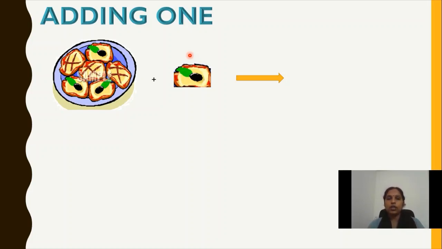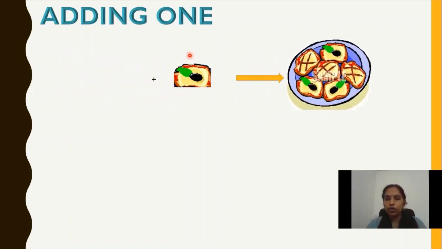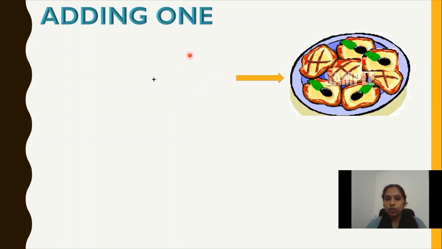So what is our first step in addition? Putting things together. So we are going to put all the cookies in the plate together. What is the next step? Counting all. So we will count here. 1, 2, 3, 4, 5, 6, 7.